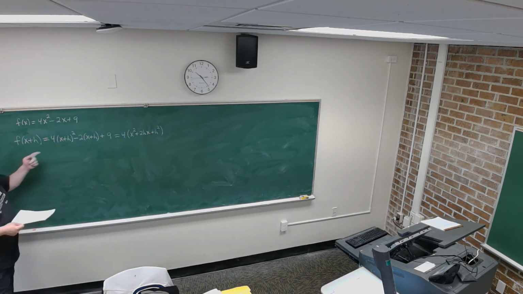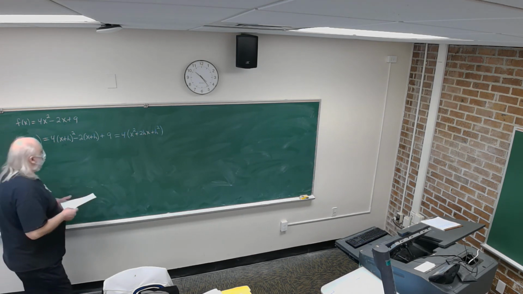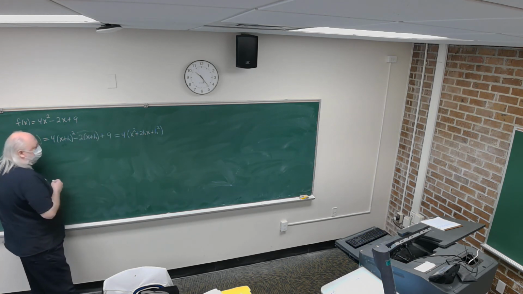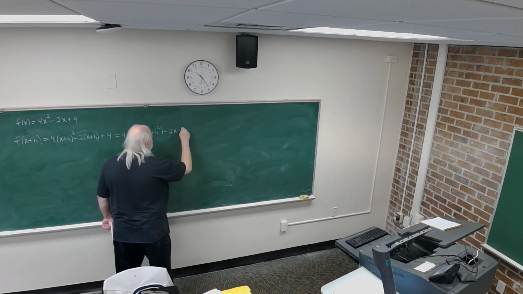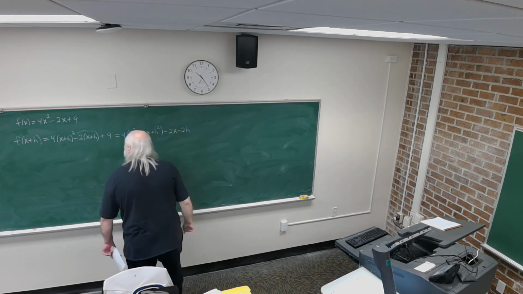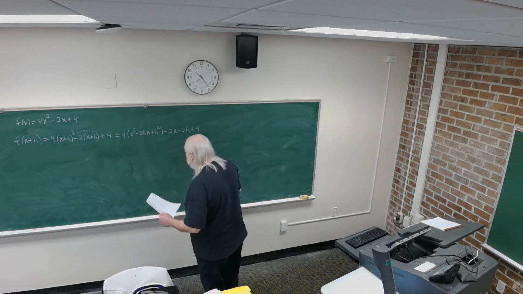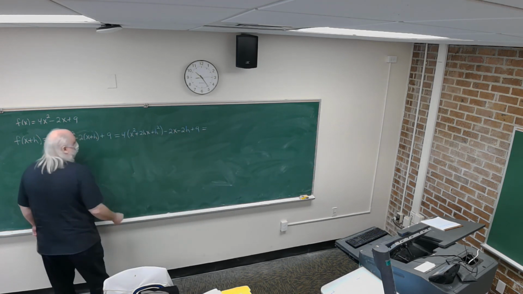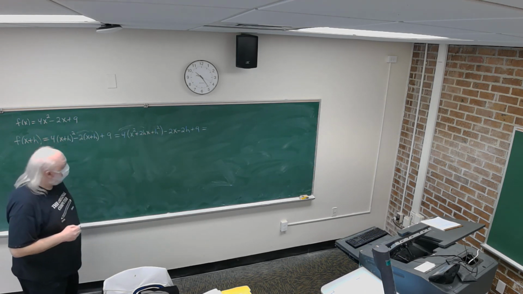And I'm just going straight across on my paper because I notice you don't have a lot of room between A and B. Okay. And now, when we distribute the minus 2 inside the parentheses here, we have minus 2x minus 2h, and then plus 9. And then lastly, you have to distribute the 4 inside parentheses here.